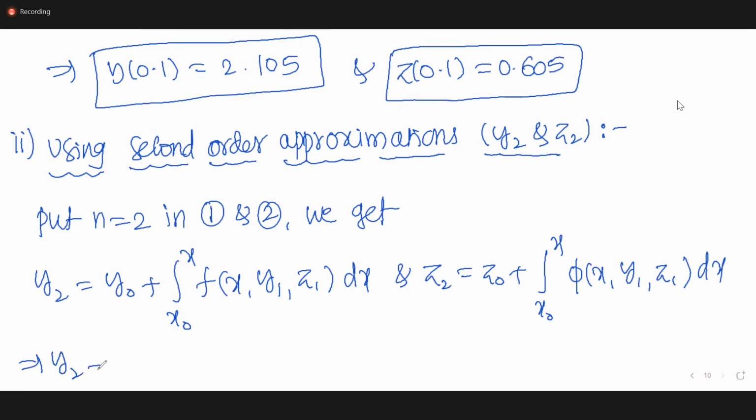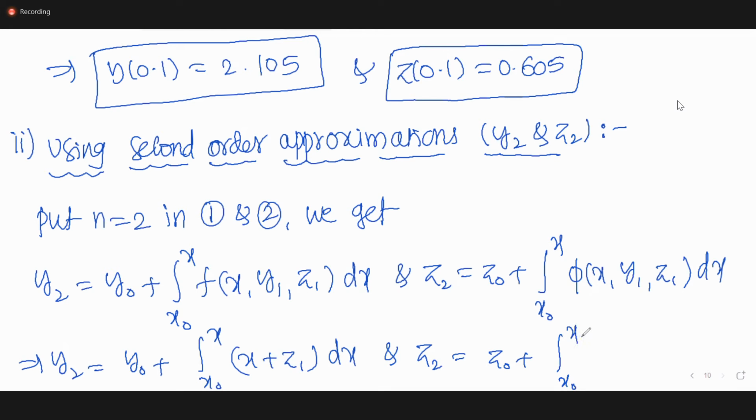So y2 is equal to y naught plus integration from x naught to x of f of x comma y1 comma z1, that is x plus z1 dx, and z2 is equal to z naught plus integration from x naught to x of phi of x comma y1 comma z1, x minus y1 square dx.